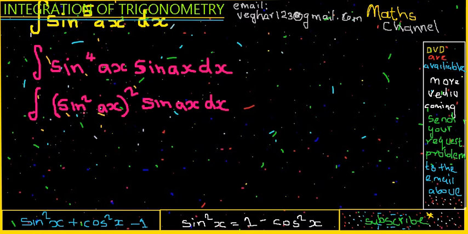The identity that you know, it's this one and this one, to simplify the sine. So we can replace sine square by 1 minus cos square.